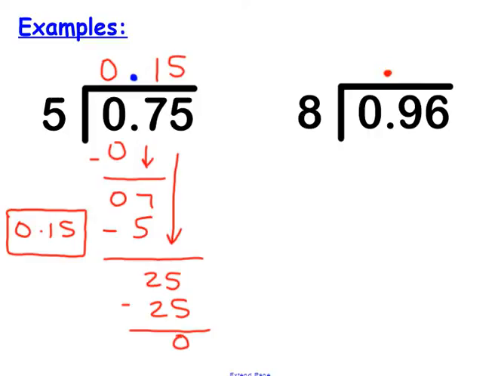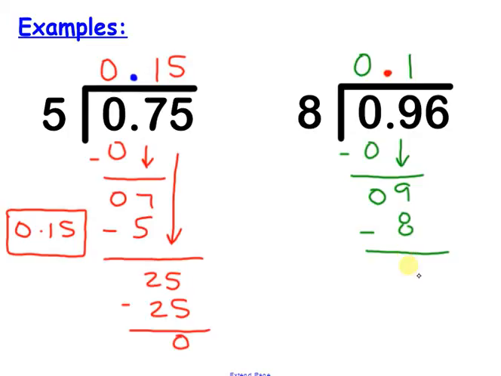Now, first step, bring the decimal point right up to the roof. Now let's go ahead and divide. How many times does 8 go into 0? 0. 0 times 8 is 0. Let's subtract. 0 minus 0 is 0. Bring down the 9. How many times does 8 go into 9? 1. 1 times 8 is 8.